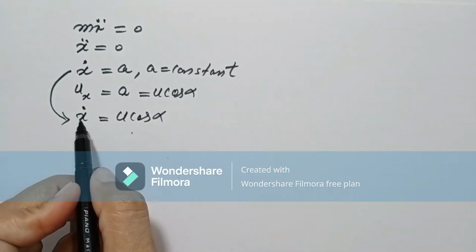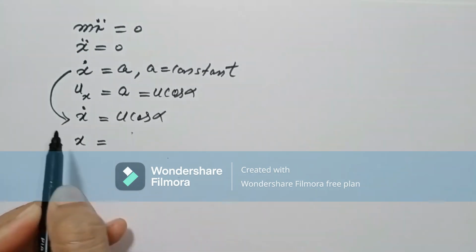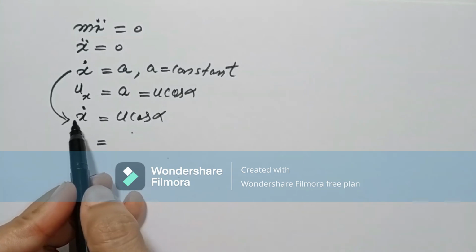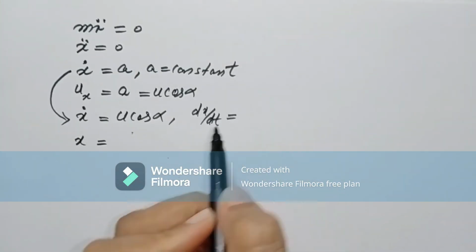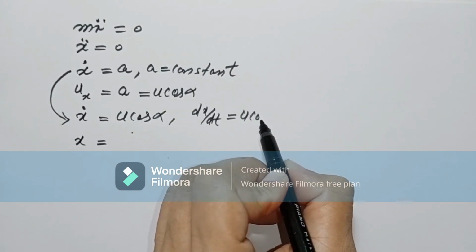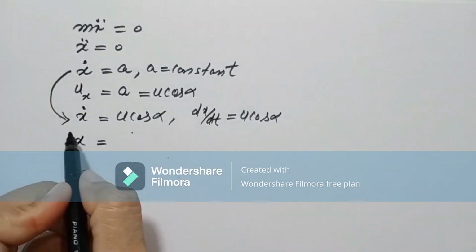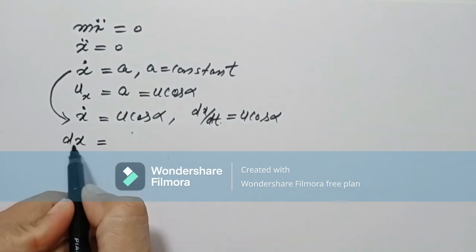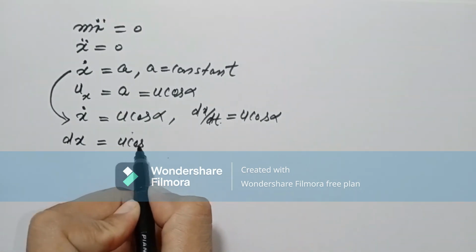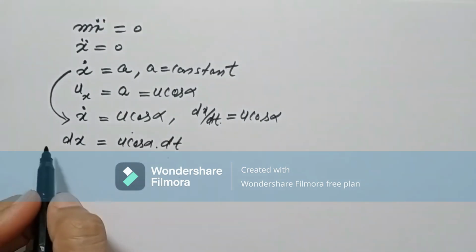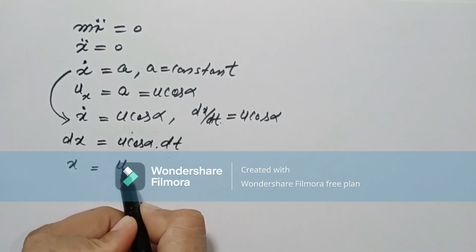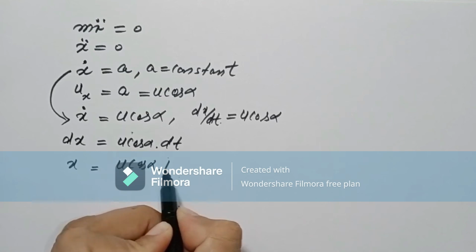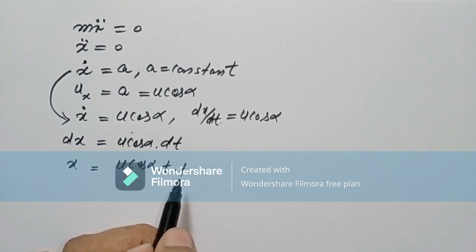Integration is over time: dx over dt equals u cos alpha. Then dx equals u cos alpha into dt. After integration, x will equal u cos alpha into t plus another constant of integration.